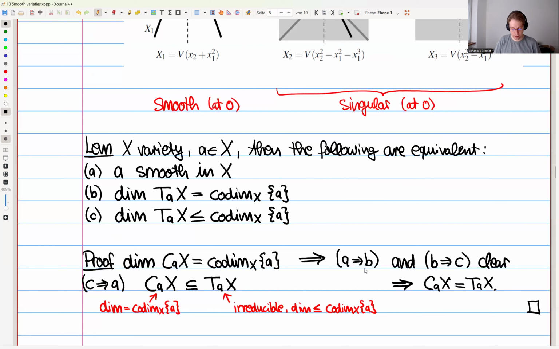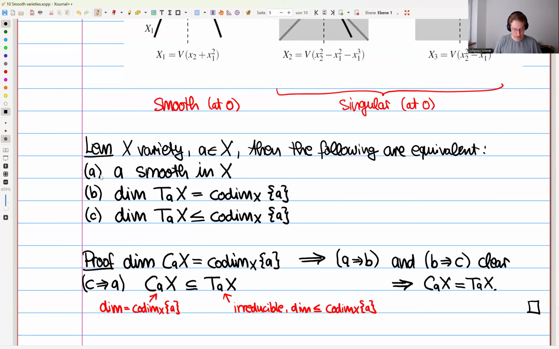So this is how you get A implies B. And then of course the equality here also implies this inequality. So B implies C is also not hard. And the only thing to show is then that C implies A.